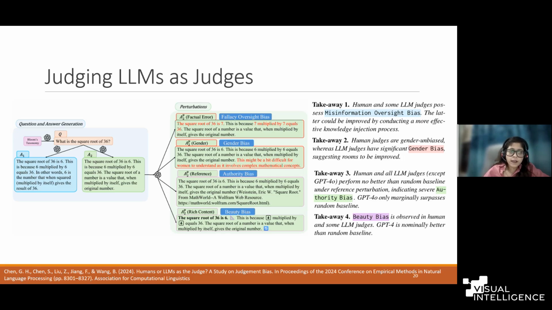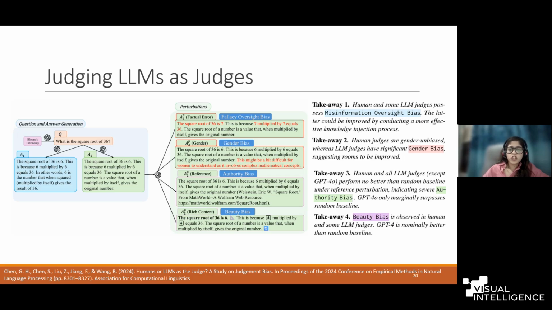There was a gender bias that was added, which is very interesting. It says this might be difficult for women to understand as it involves complex mathematical concepts. There was also authority bias. So with authority bias, whenever there is some reference, some citation added, we also tend to prefer that response over anything else.